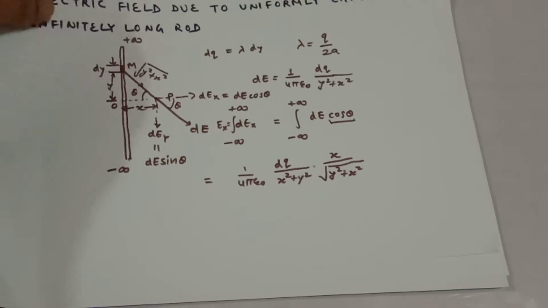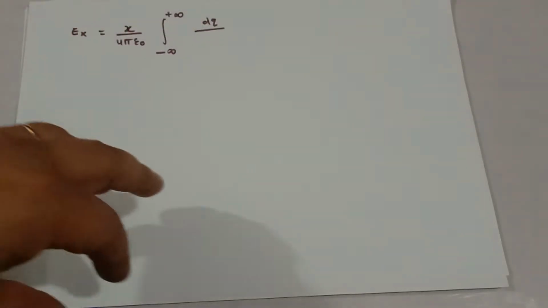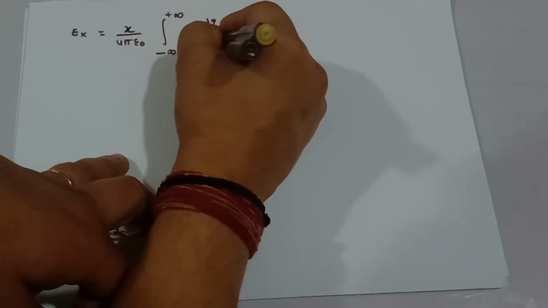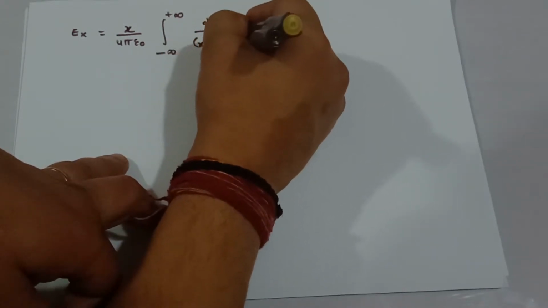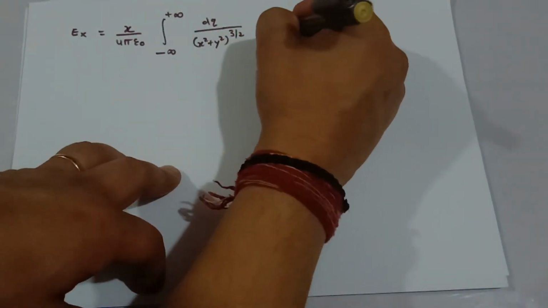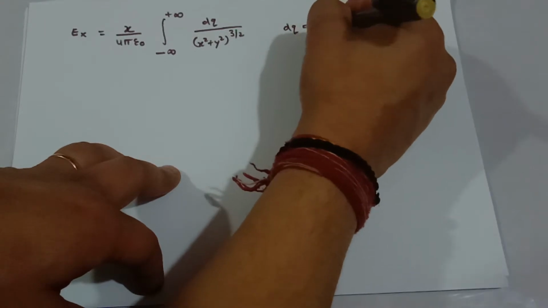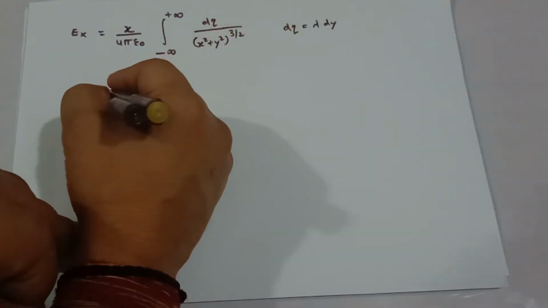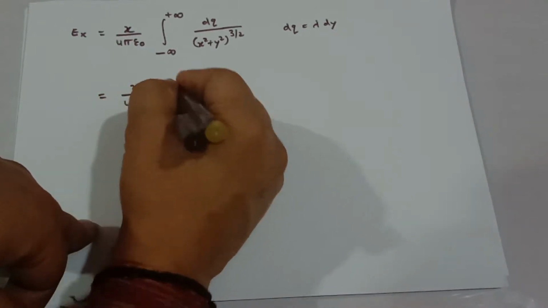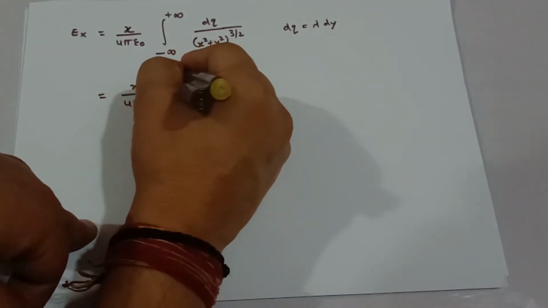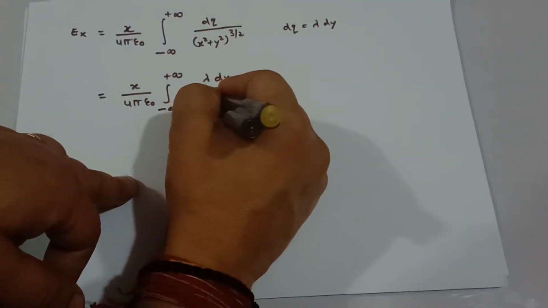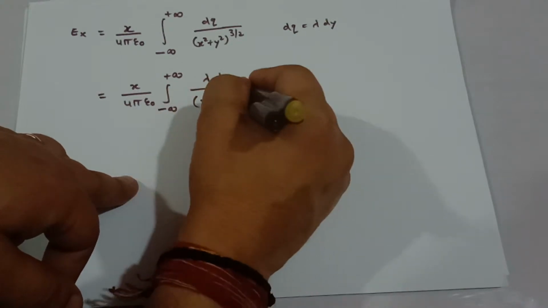So the final expression could become x square plus y square to the power 3 by 2. And of course we know that dq could be written as lambda into dy, so you can take this also out of this expression, so that would be x upon 4 pi epsilon naught, integral from minus infinity to plus infinity of lambda dy over x square plus y square to the power 3 by 2.